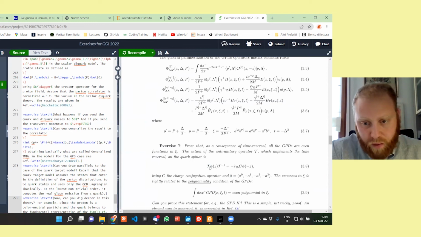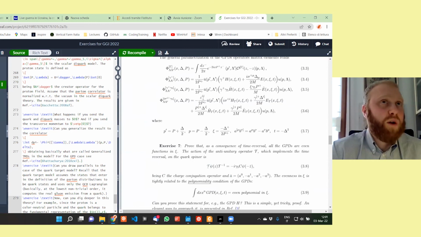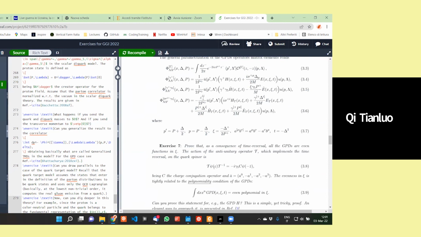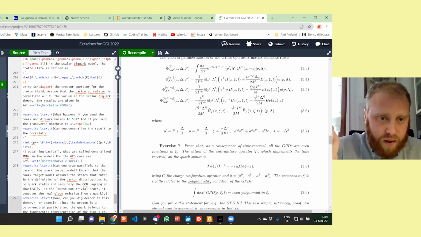I mean, probably there is something very general, which I really am not aware of, which gives you this. T psi T minus 1 is the action on the Hilbert space, and you want to parameterize it. Psi is both an operator in the Hilbert space and explicitly written as a Dirac spinor.